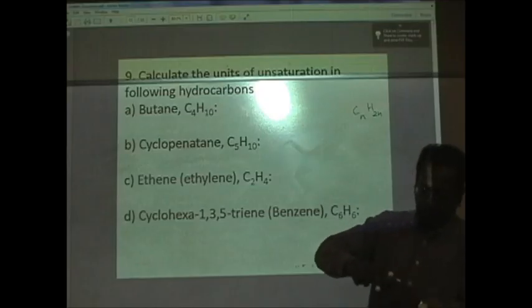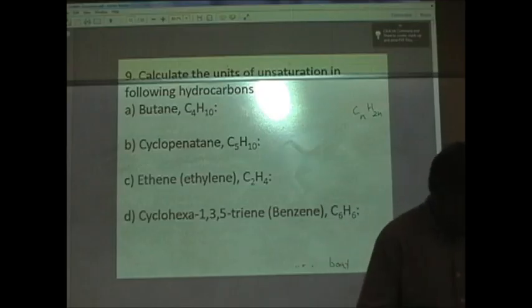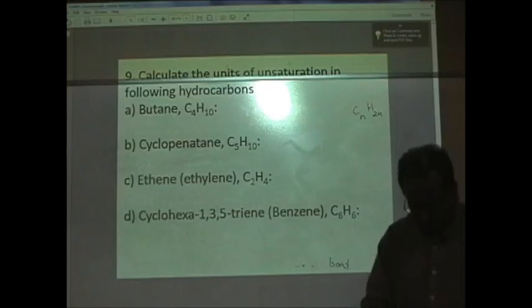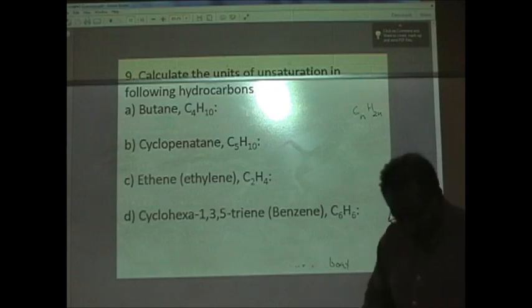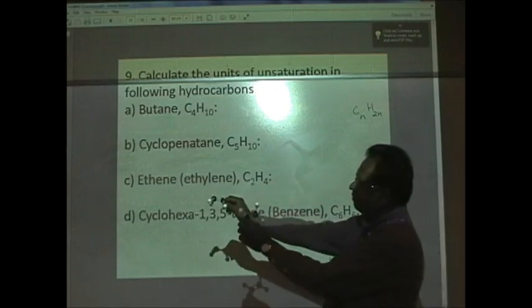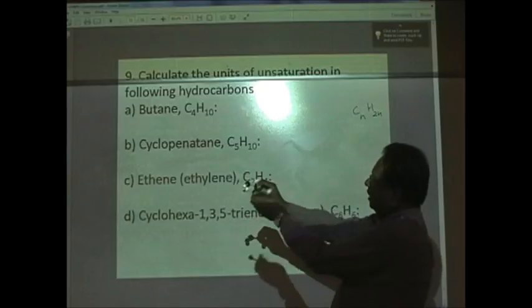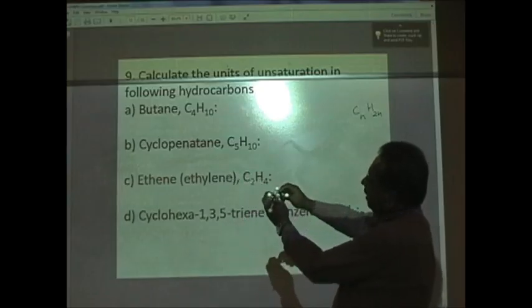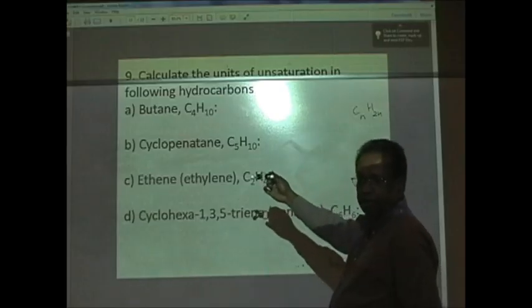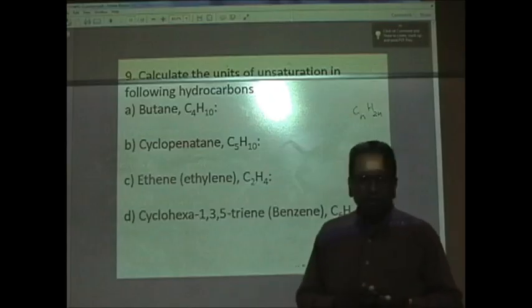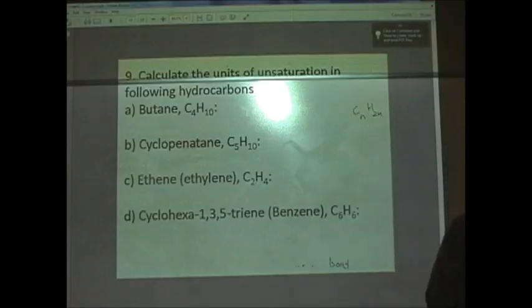You remove two hydrogens from the alkane, then bend it up here, and you create the double bond. So how many units of unsaturation? 2 hydrogens equal 1 unit of unsaturation.